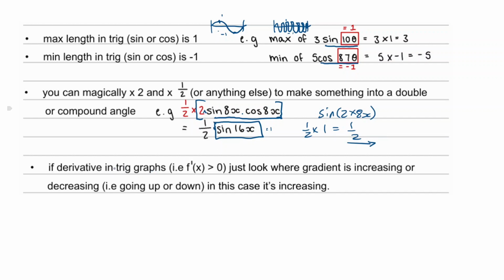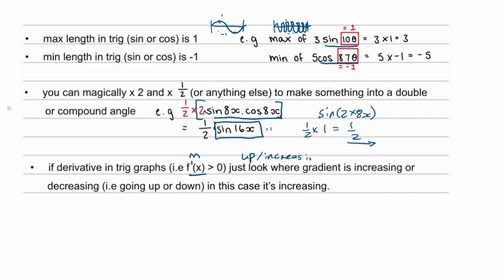Last little tip for today. If you see derivatives in trig graphs, don't freak out. Derivative is the gradient of the tangent, and all that it's doing is asking you, in this example, where's the derivative bigger than 0? Where is it going up? Where's the graph increasing?